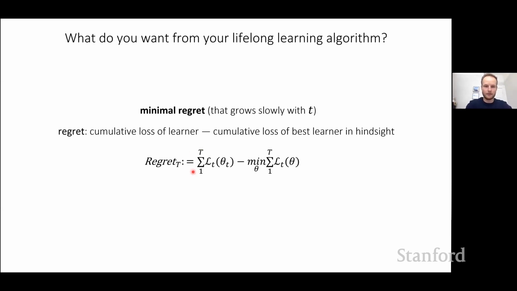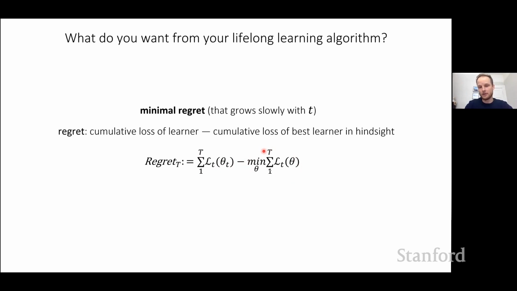So here we have the cumulative loss of the learner. At every time step or at every data point or at every task t, you'll be coming up with the parameters of your model, theta t. And then we'll be summing over the cumulative loss of the learner for each one of the tasks. So we're summing over all the tasks or all the data points that we see. And from that, we subtract the cumulative loss of the best learner in hindsight.